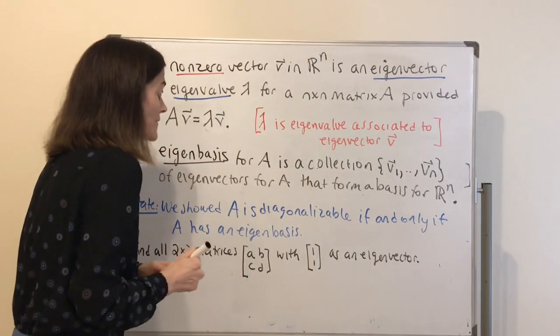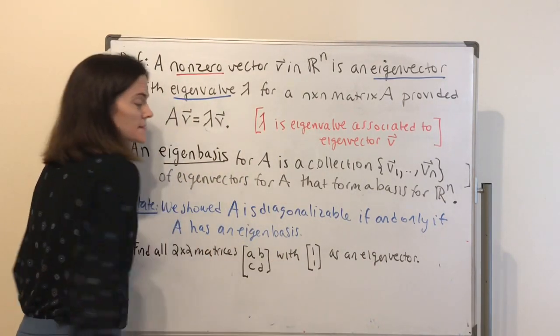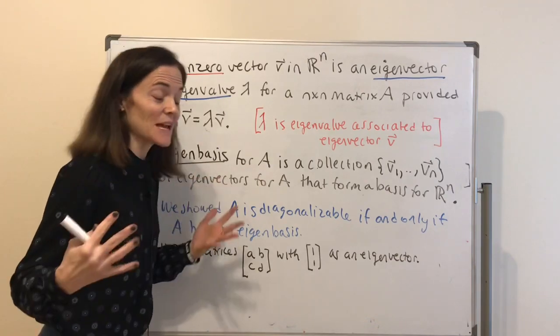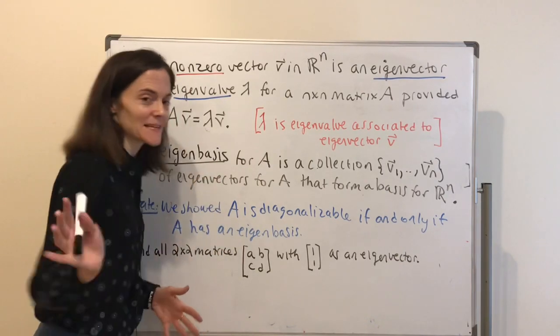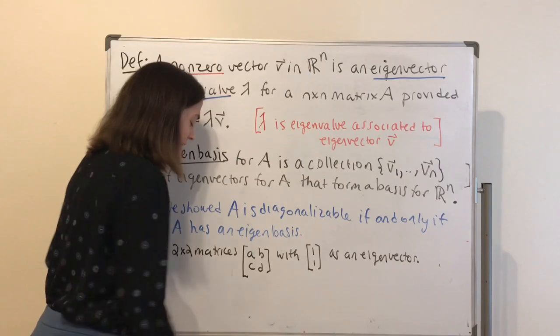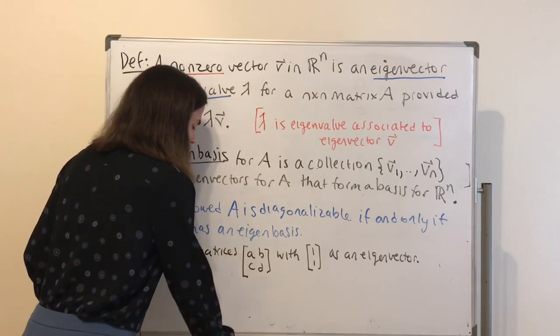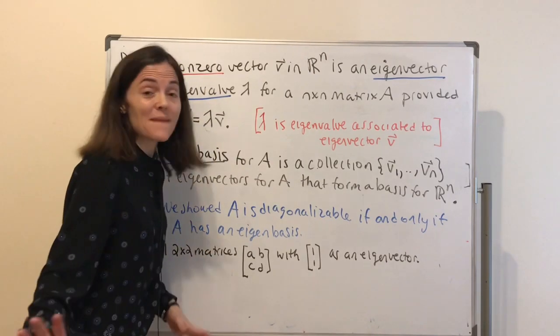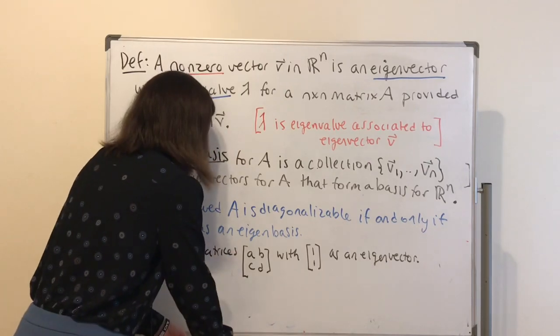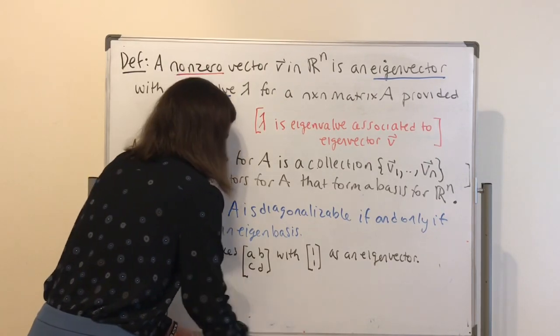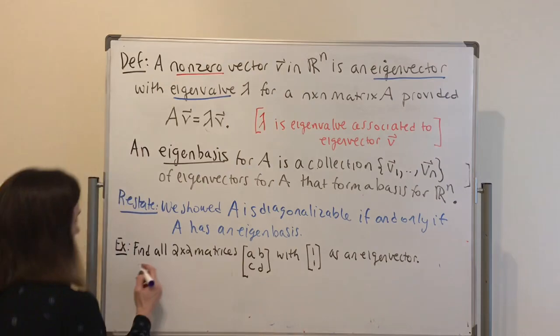Well, all I have to do is multiply this by this and set that equal to some lambda times this, and then I will be able to figure out what the matrix A must have looked like. This is my strategy in this problem. Okay, here we go.